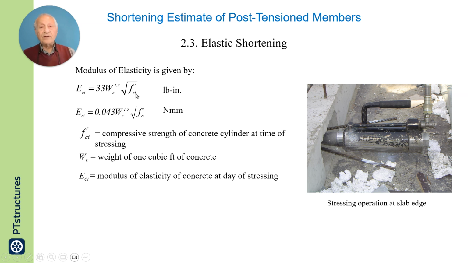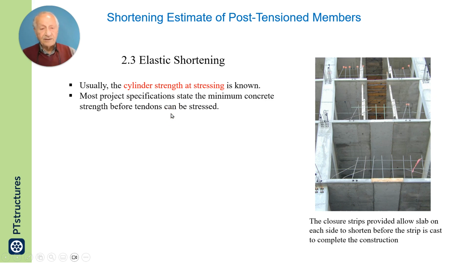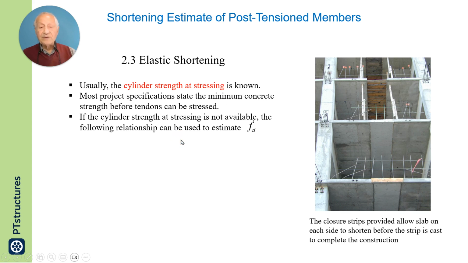But you may not know the concrete strength at time of stressing. There is a relationship that you can use to calculate it. We will get to that. Most projects specify the minimum concrete strength before it can be stressed, and that is the initial compressive strength at stressing.